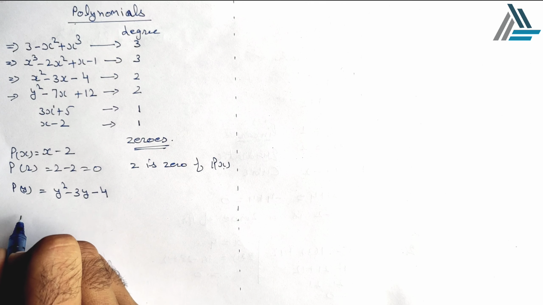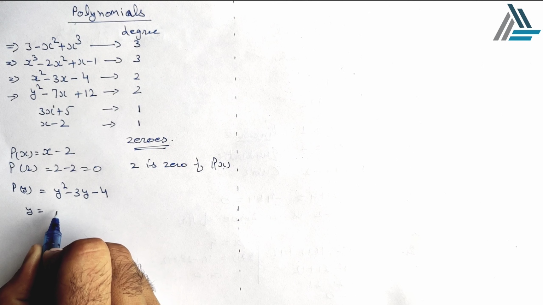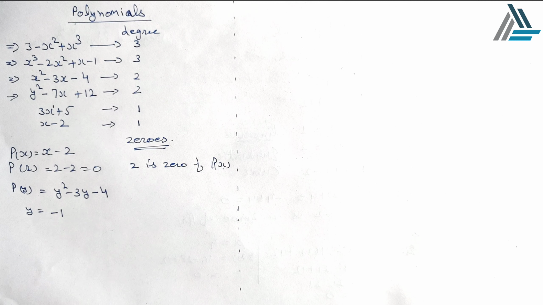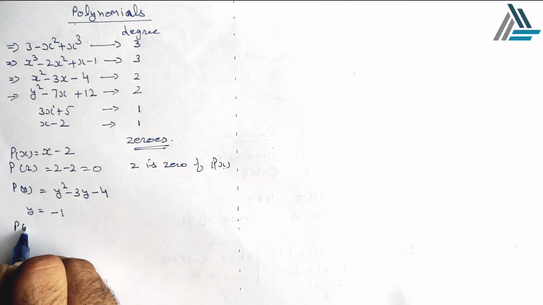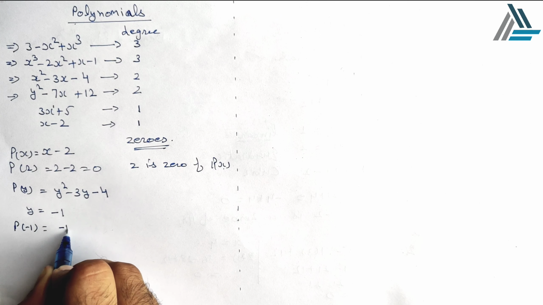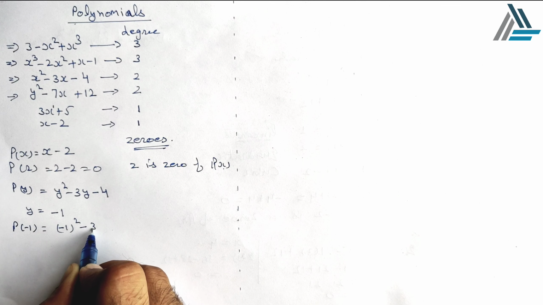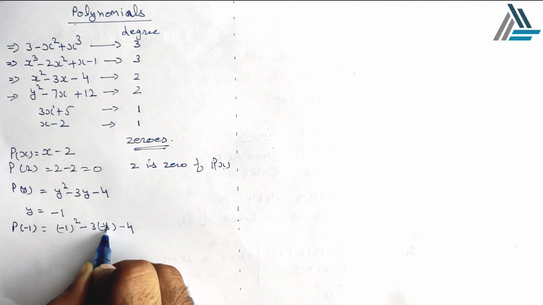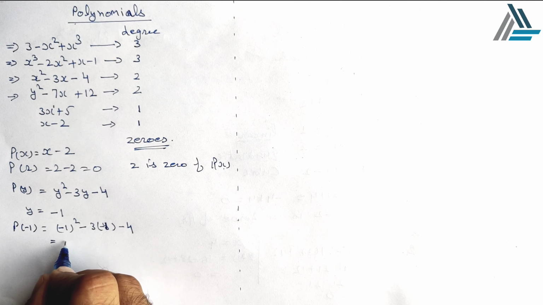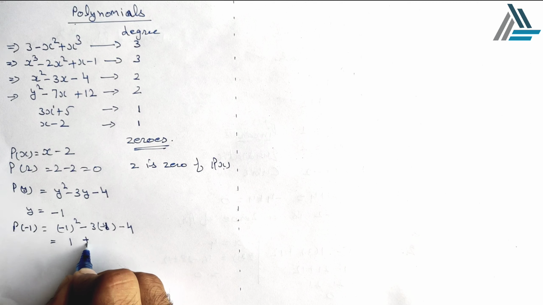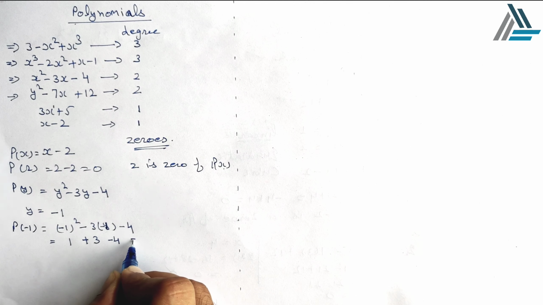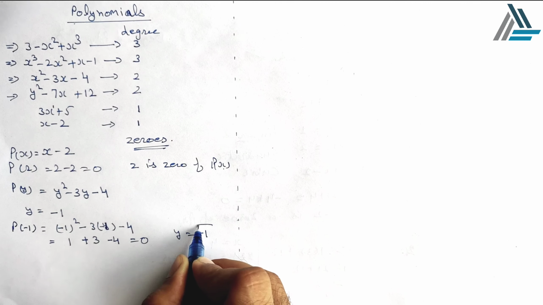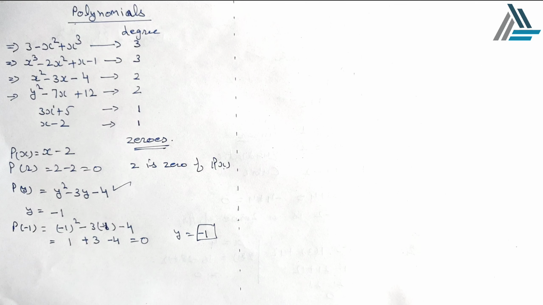If we put y equal to minus 1, then we get (minus 1) square minus 3 times (minus 1) minus 4, so it becomes 1 plus 3 minus 4, which is 0. Hence minus 1 is a zero of this polynomial.